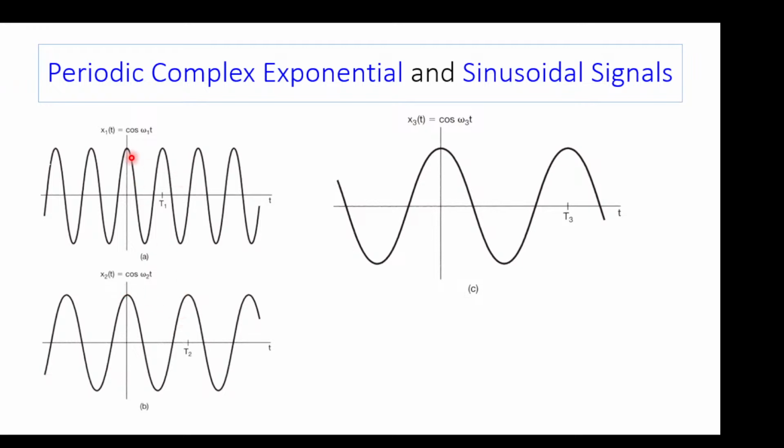But when you write the same formula and think about them as discrete time signals, what happens is you are going to take sample points, right? Because for a discrete signal, you always sample at integer values. And what happens is this T3 might not be an integer value, okay?